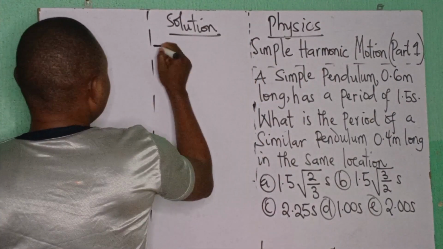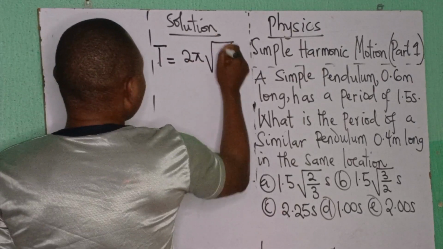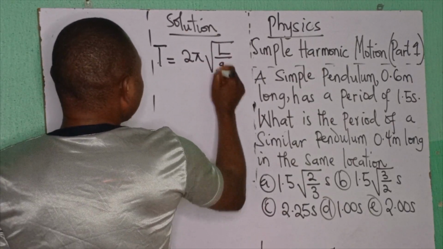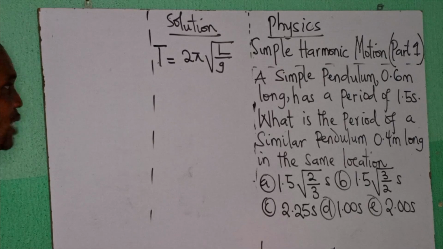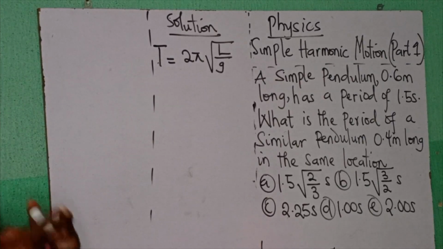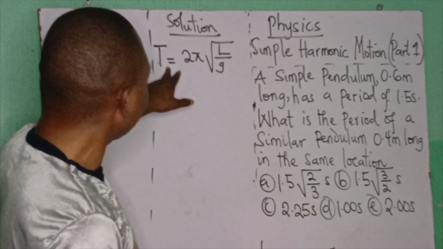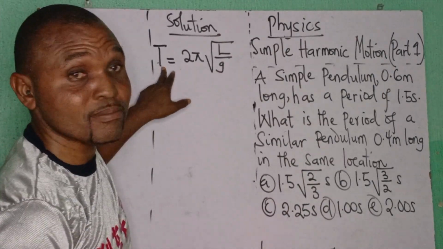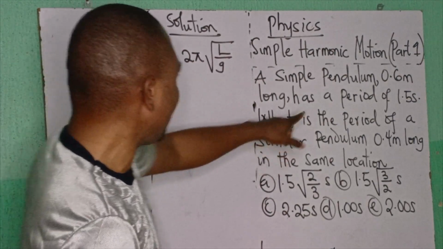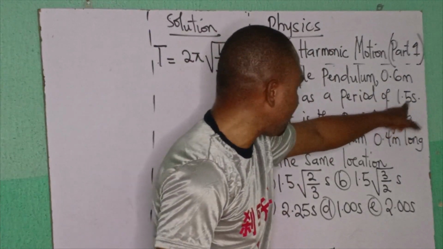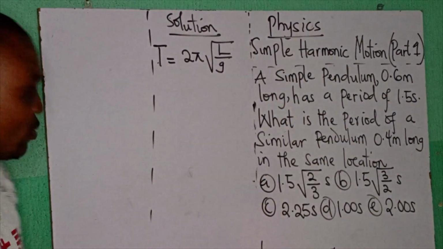Period is equal to 2 pi root length over acceleration due to gravity. How do I know that this is the right method? In this formula, there is period, there is length, and there is gravity. In the question, we have period and length. Now let us use it to solve this question.